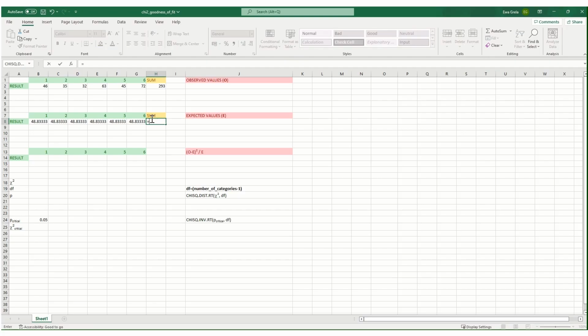The sum of expected frequencies equals the sum of observed frequencies.